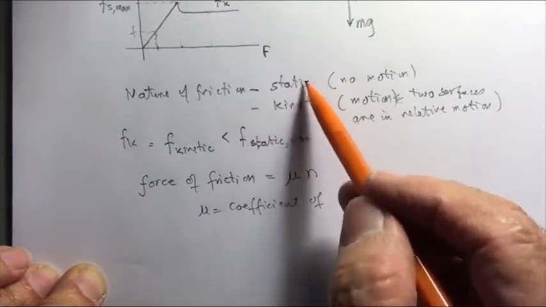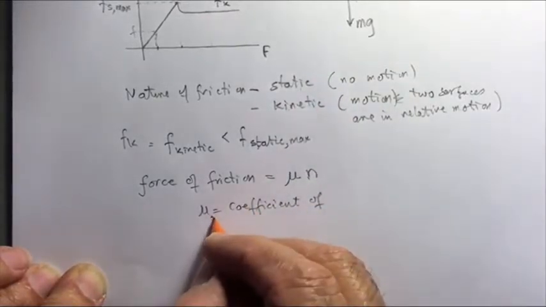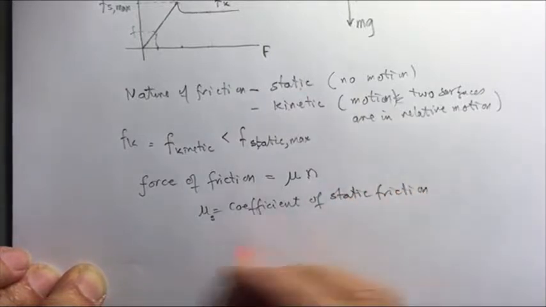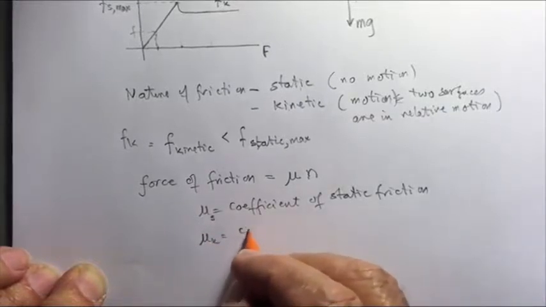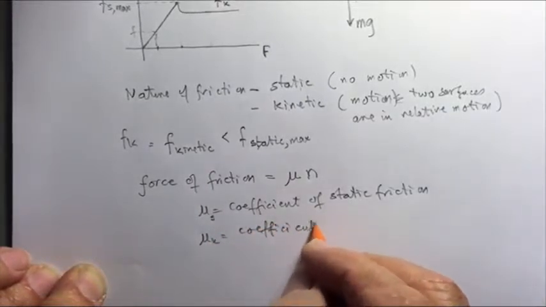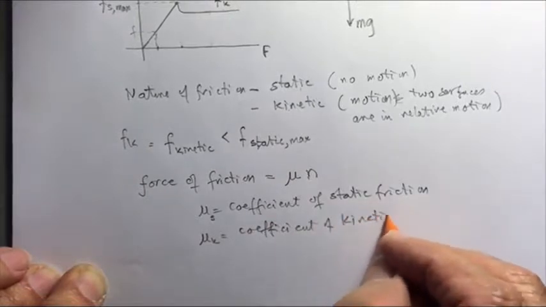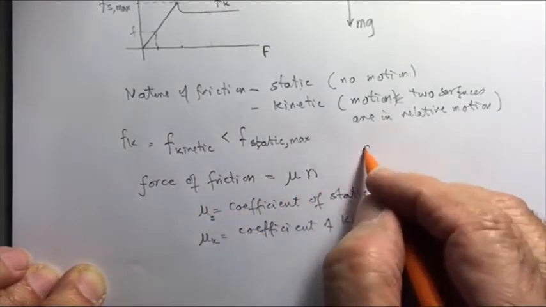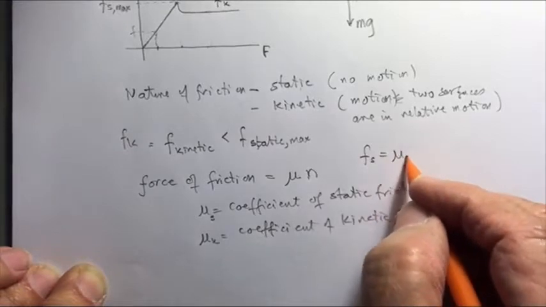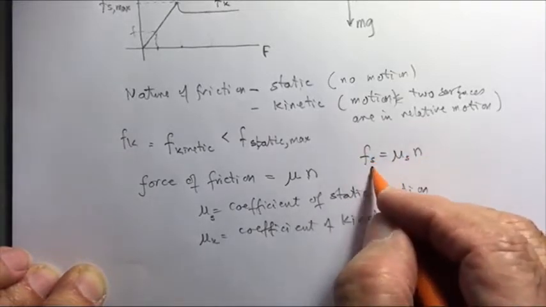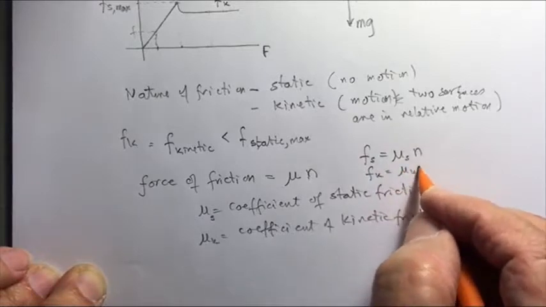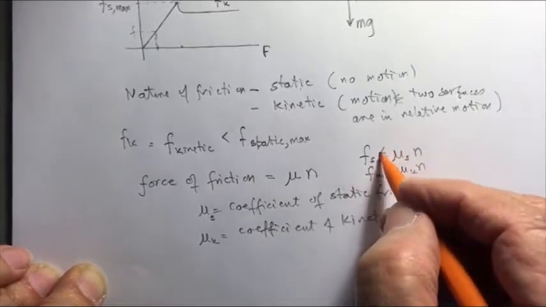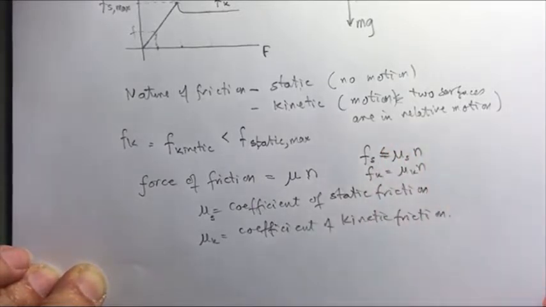Because we have two kinds of friction, we have two kinds of mu: mu s, the coefficient of static friction, and mu k, the coefficient of kinetic friction. So we write Fs is less than or equal to mu s N, and Fk is mu k N. Here we should say it's less than or equal to, and I'll come to why.